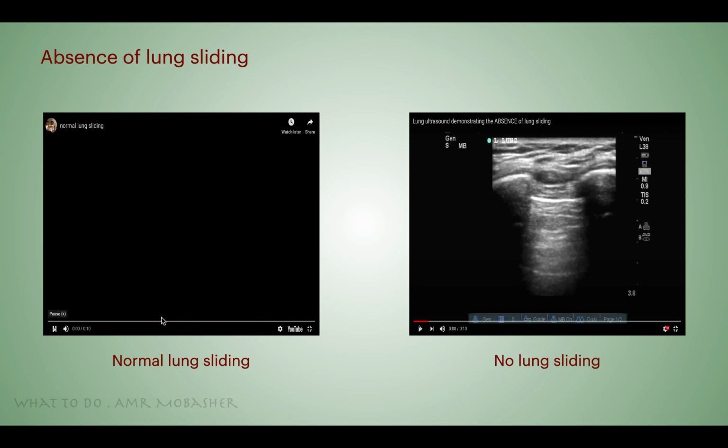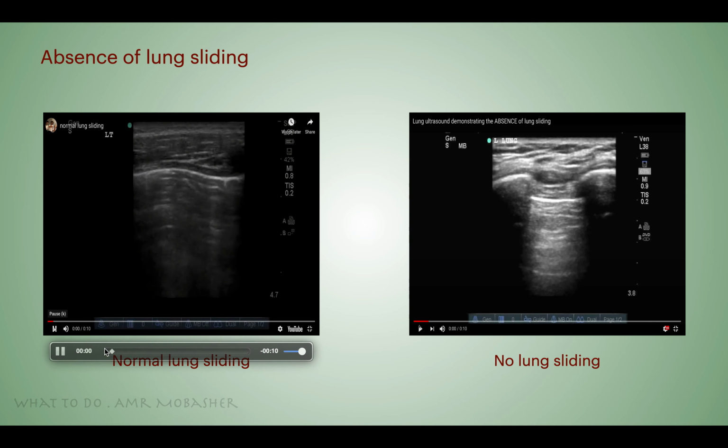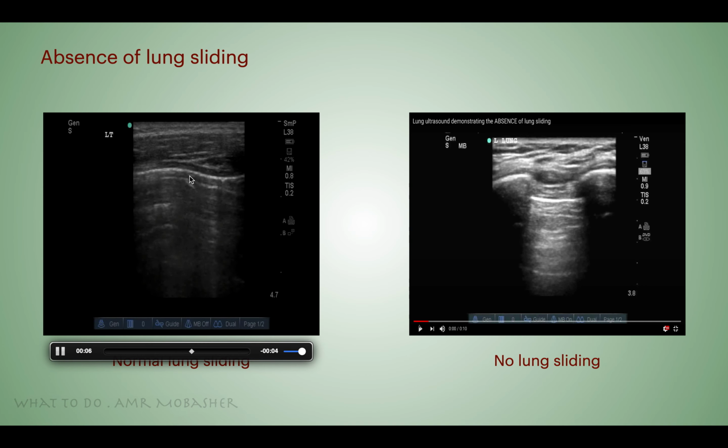On the left side, this is the normal lung sliding. Again, this is the pleural line, dancing, moving backward, forward, all the time. And these Z lines, moving with the pleural dancing or pleural sliding. This is normal.